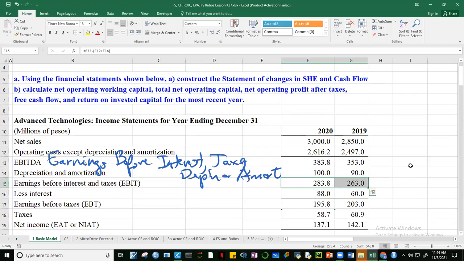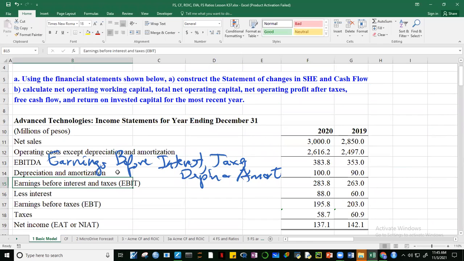And how do we compute for EBIT? EBIT is computed by subtracting from your revenues all your operating costs. Okay, that's why this is also called operating profit, earnings before interest and taxes. Okay, so we subtract operating cost and here also depreciation operating cost. So our total operating cost here is 2716.